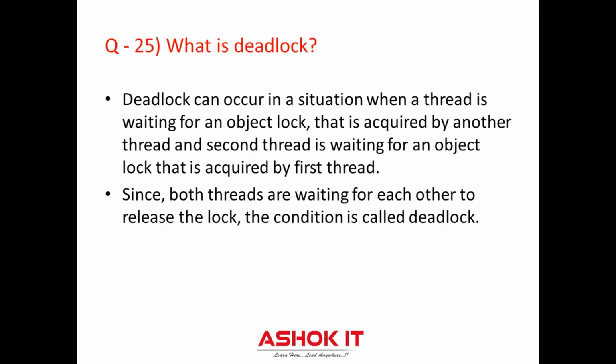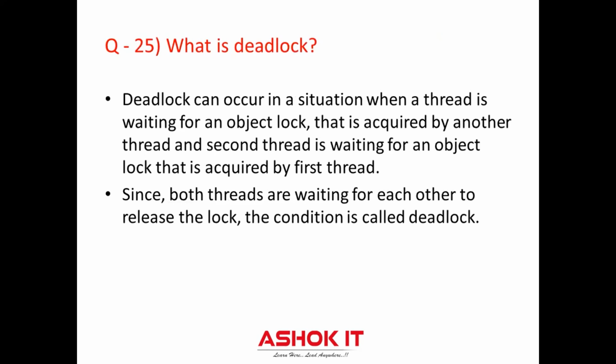Question number 25. What is deadlock? We can use the synchronized keyword. Why do we use the synchronized keyword? To make a class or method thread safe, which means only one thread can hold the lock on a synchronized method and use it. Other threads have to wait until the lock is released and one of them acquires that lock.